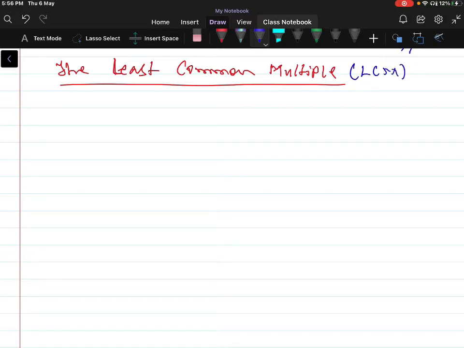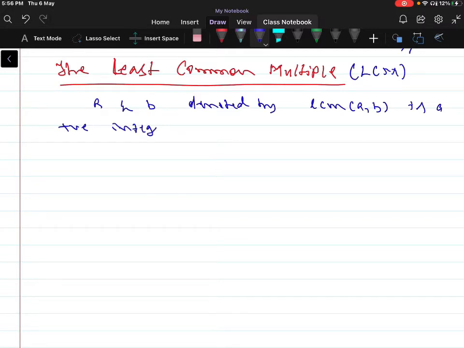The least common multiple of two non-zero integers a and b, denoted by LCM of a, b, is a positive integer m satisfying the following.